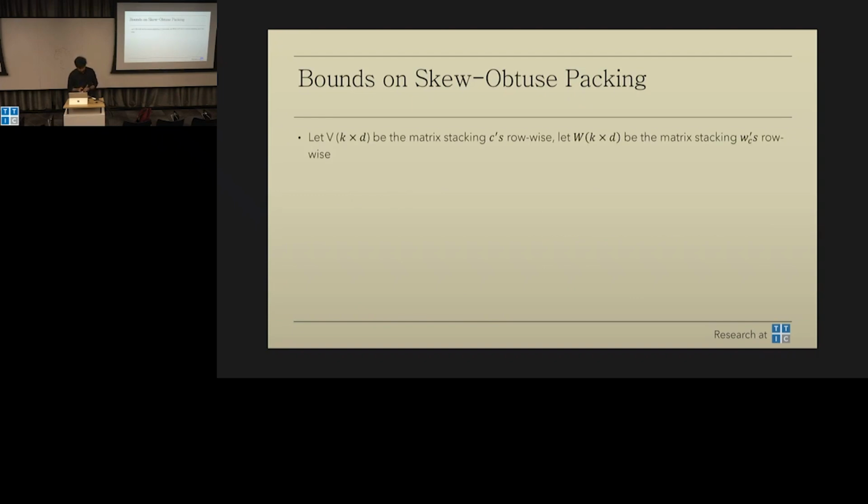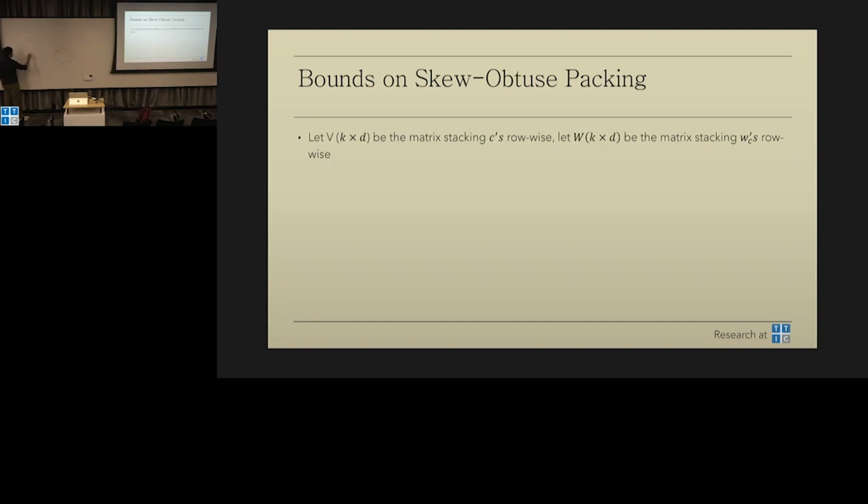Okay, so here's where the thing becomes a little challenging. So let's think that V is, I'm just going to draw this here. So V is this matrix where we are just stacking the points c. So let's just say that our skew obtuse family consists of the vectors c_1 up to c_k and w_{c_1}, w_{c_2} up to w_{c_k}.